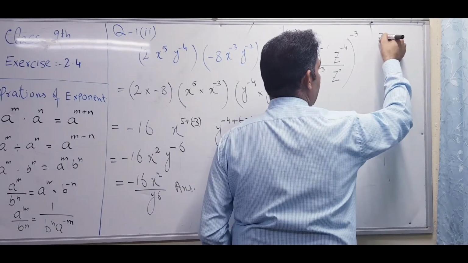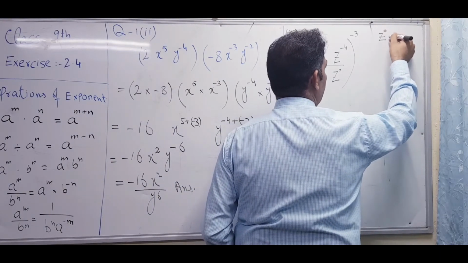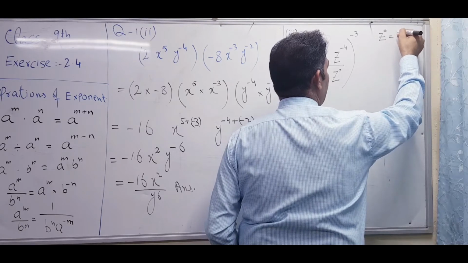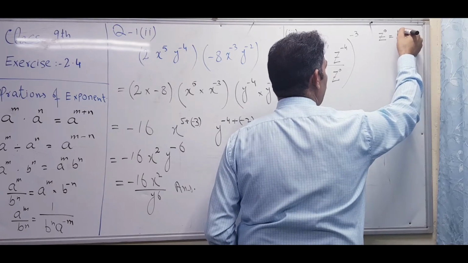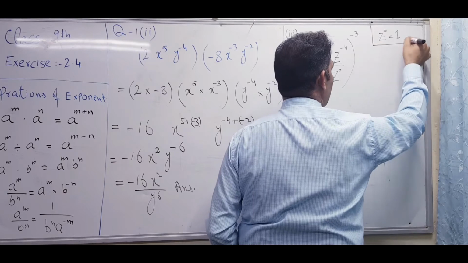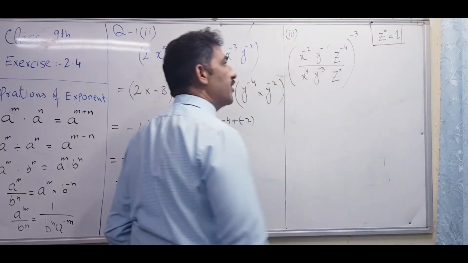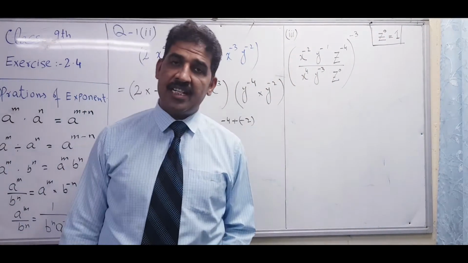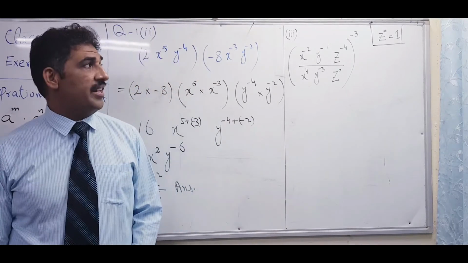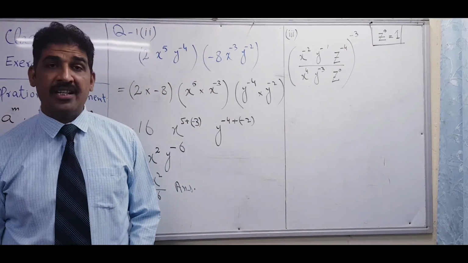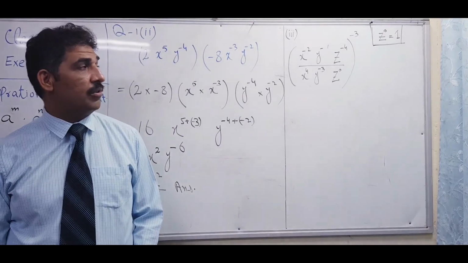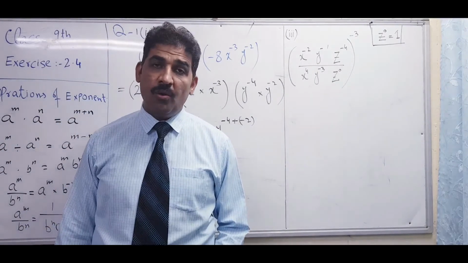Its proof I will also explain to you. Any variable whose power is equal to 0 is always equal to 1. Meaning x raised to power 0, y raised to power 0, z raised to power 0, all variables whose exponent is equal to 0, the answer is equal to 1.